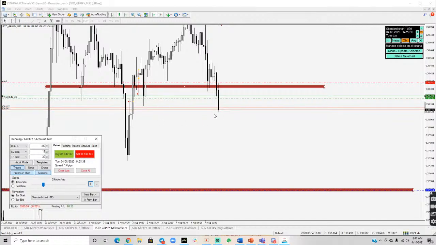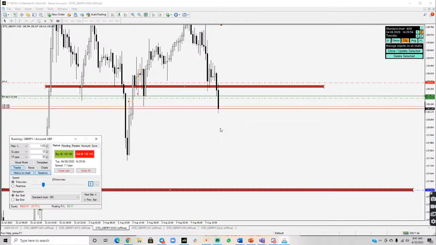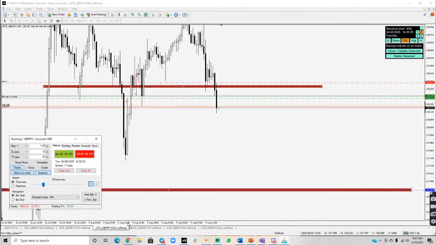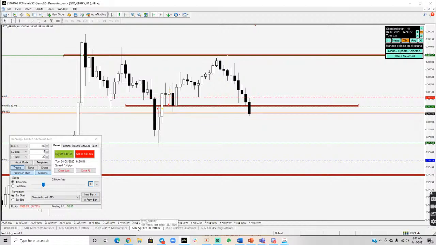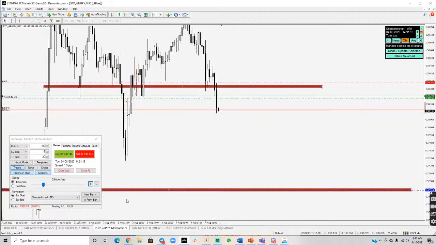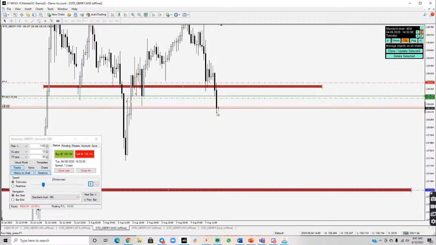But in a real life situation at this point, I would move stop to entry and at least secure some position. And as you can see, the 1 hour is now clean below the level of 30 minutes. So again, this increases the probability for us to continue to push to the downside. So if this candle should pull back into the range, this is known as a fake out.